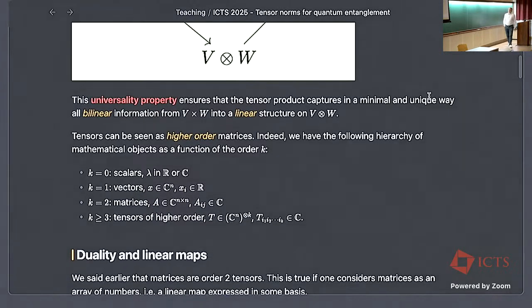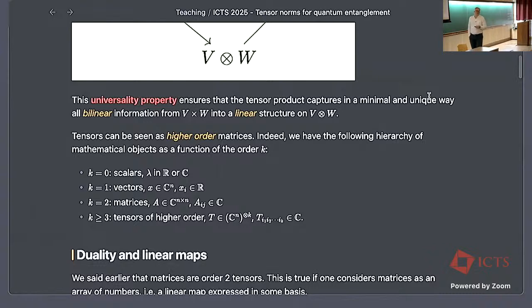But now the computer scientist perspective is just, you have scalars, these have one parameter, they are numbers in some field, R or C. Then you have vectors, these have n parameters, they are indexed by something which goes from 1 to n. And you have matrices, they have n squared parameters, indexed by i and j.